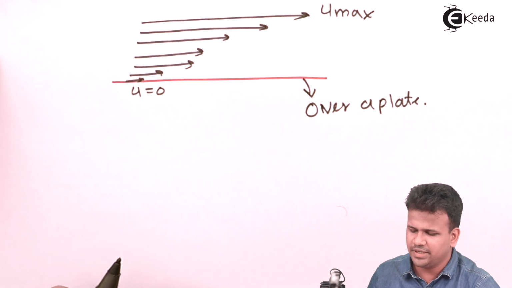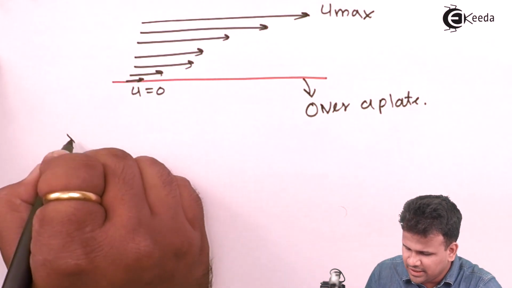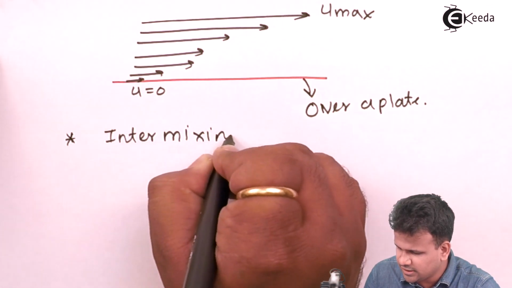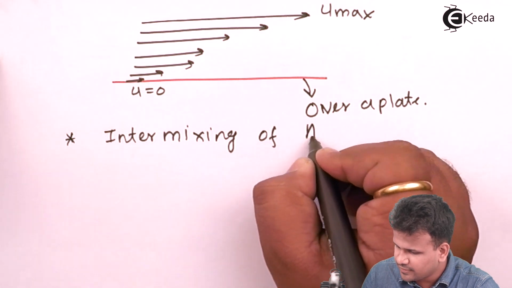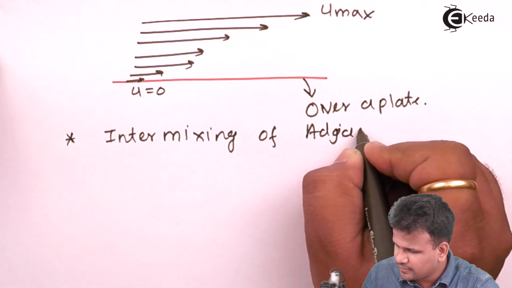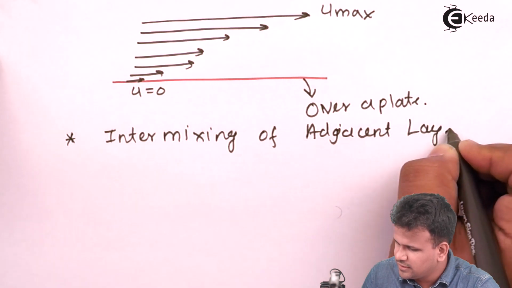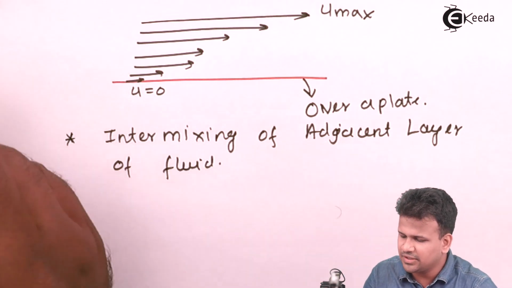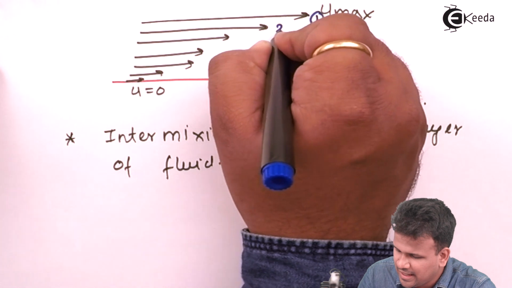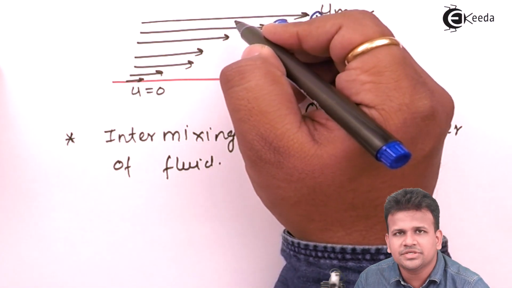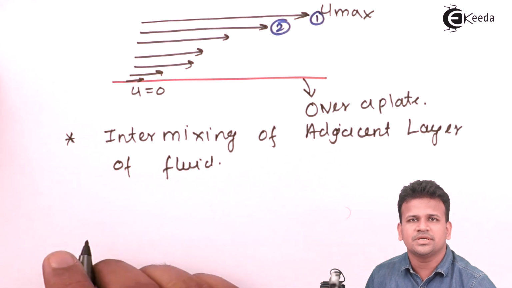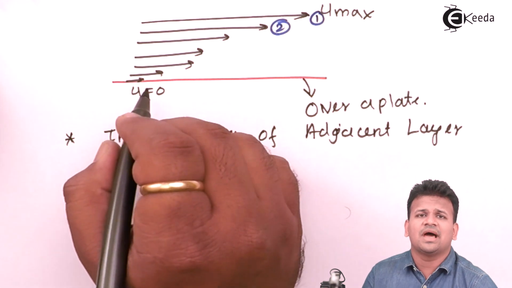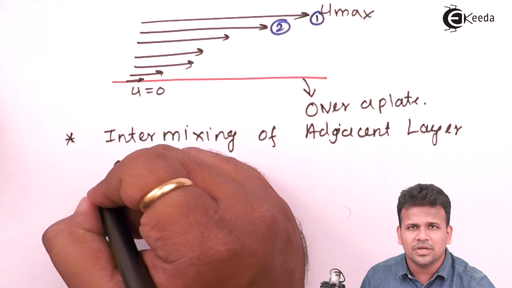In laminar flow there is no intermixing of adjacent layers of fluid. That means layer number 1 and layer number 2 won't intersect each other. They will flow parallel to each other, with layer 1 having the maximum velocity and the bottommost layer having minimum or zero velocity.